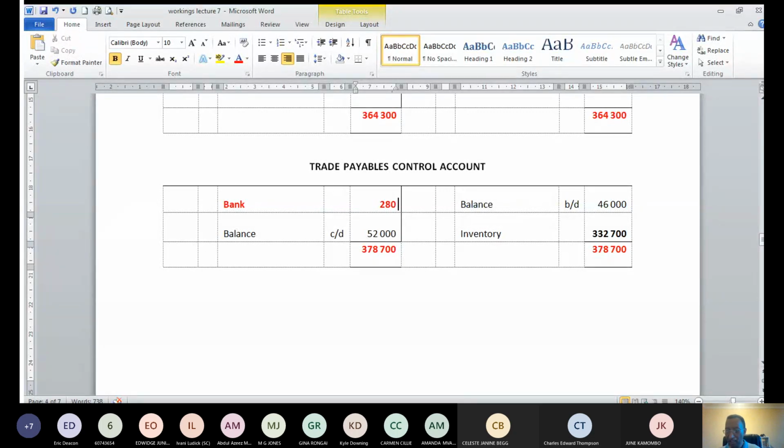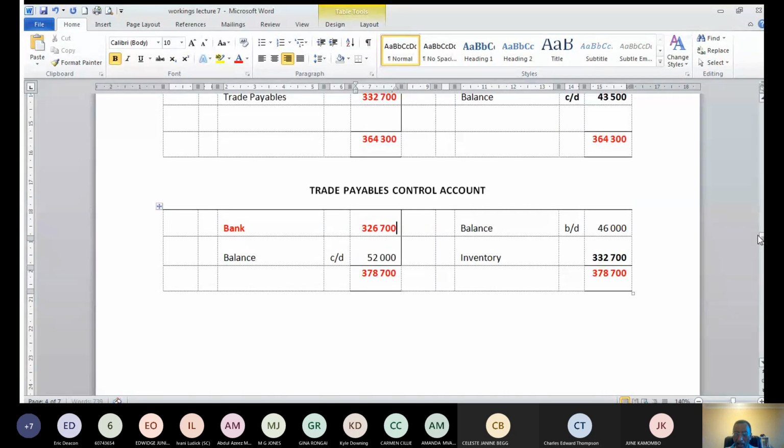It is 378,700 minus 52,000, and that gives you an amount of 326,700. And that is the amount that we are looking for. That is the amount that we have paid our trade payables for the purchases of inventory.